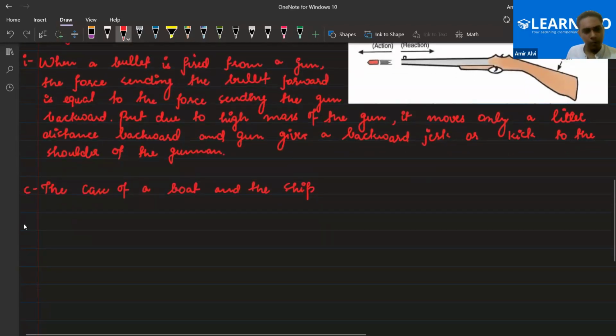So what happens when you basically deboard from the boat? When you go in the forward direction, the boat moves in the backward direction.